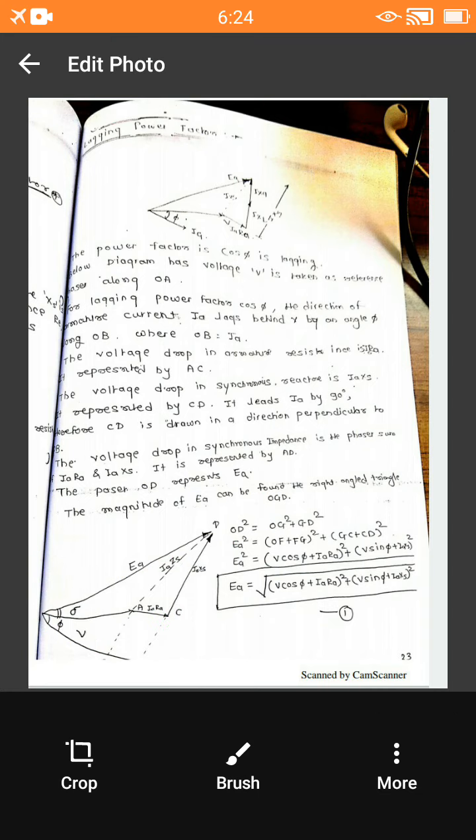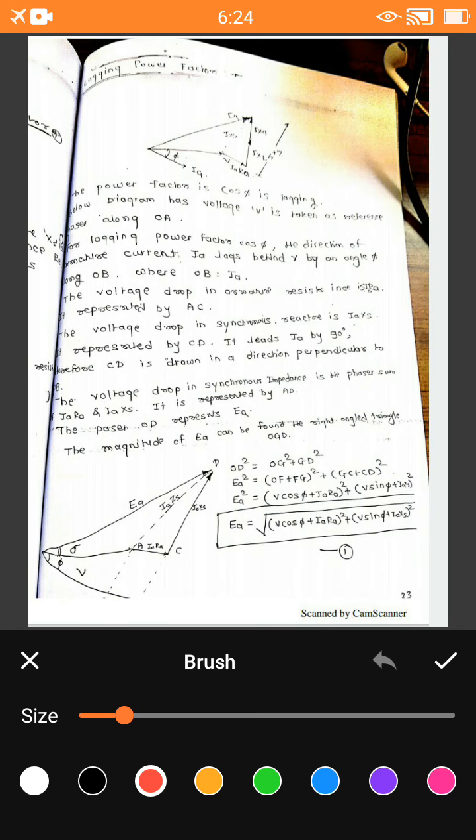According to trigonometry, OD square is equal to OG square plus GD square.